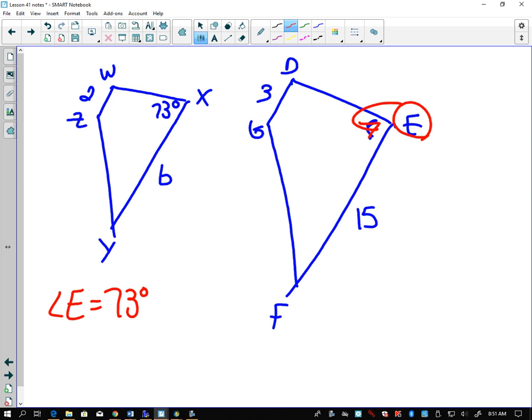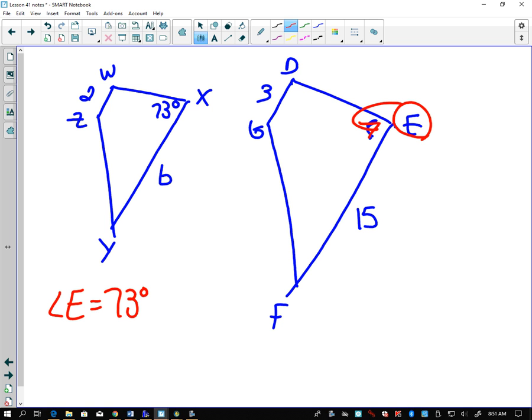Because x is 73, and there's a really important phrase that existed in the question itself. Something that it told you. It told you that they're similar. And what do I know about similar figures? Their corresponding angles are what? The same, congruent, thank you.